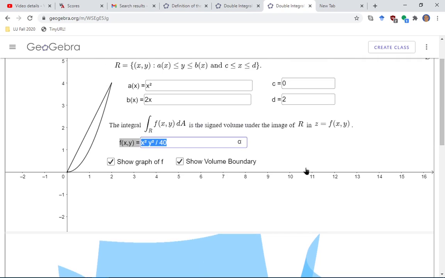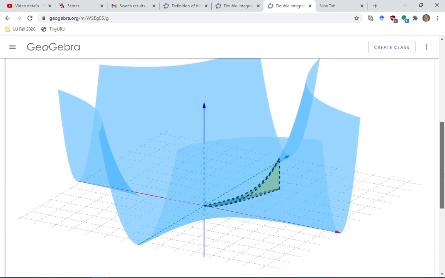That region is on the xy plane here, and what we are calculating is the volume of the three-dimensional region that is built on top of this region on the xy plane, and it's below this surface. That's what we are trying to calculate.